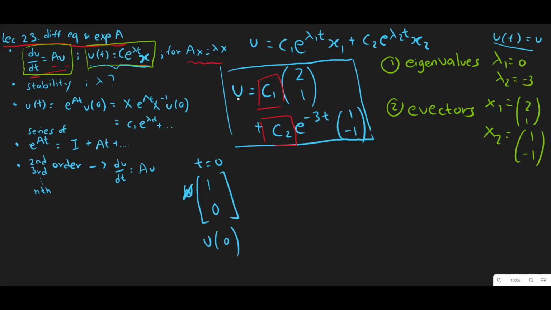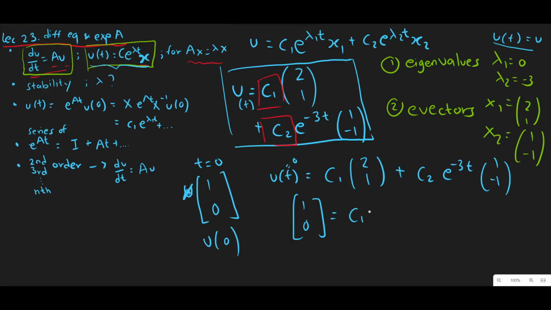I will use this interchangeably, so this is also like u(t). So u(t) equals c1 times 2 1 plus c2 e to the minus 3t times 1 minus 1, and at t equals 0 it will be equal to 1 0, and the rest follows along. So t also equals 0 here, so e to the 0 is 1.